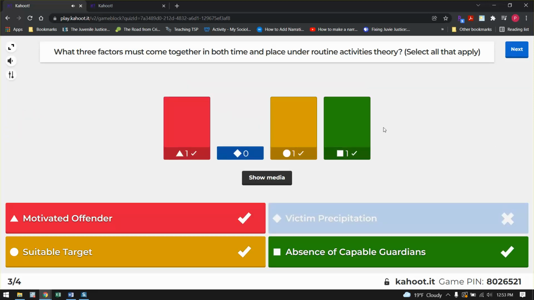Victim precipitation theories deal with the idea that victims play a role in their own victimization. But for routine activities theory, the three factors are a motivated offender, a suitable target, as well as the absence of a capable guardian.